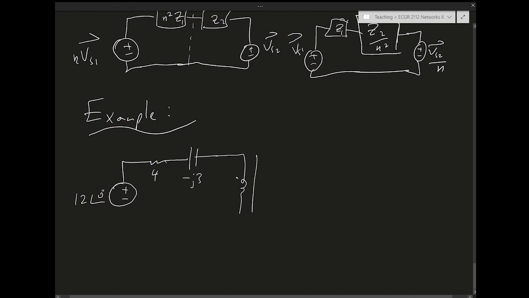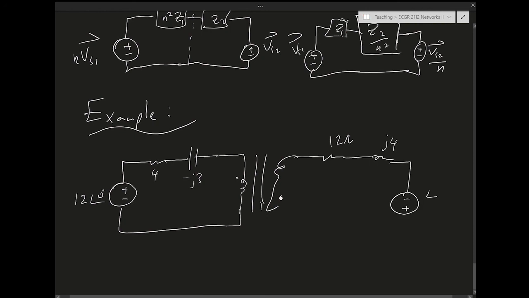Then I have a dot transformer, where the dot is inverted like this. Then I have 12 ohms, and then J4, and then 48 at 30 degrees.